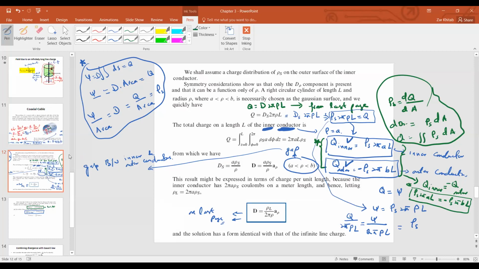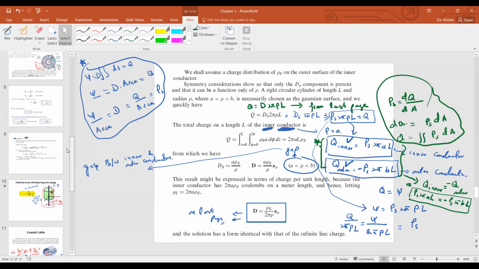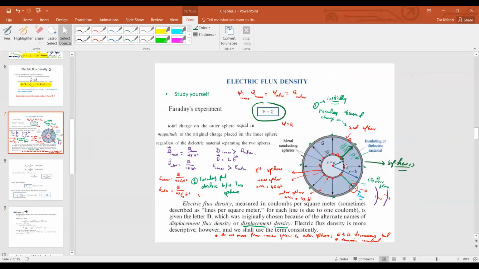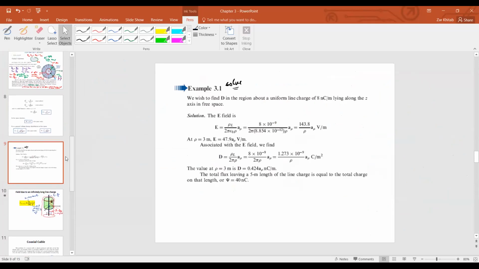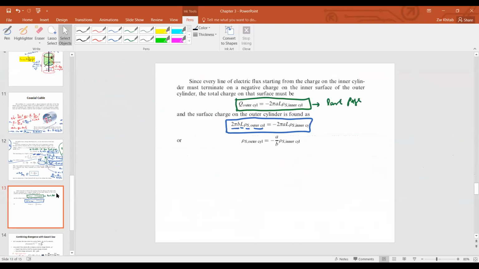Because if you go back to Gauss's law and Faraday's experiment, you see that if you have the positive charge here, you end up with a negative charge here. Just the same amount of charge, but the only difference is you have the opposite symbol. That's it.